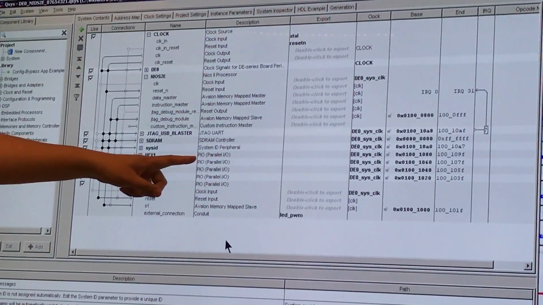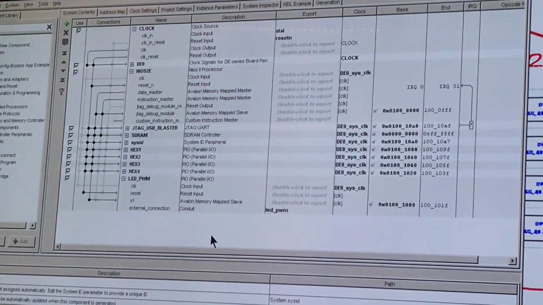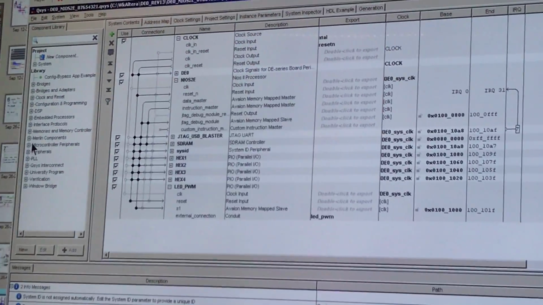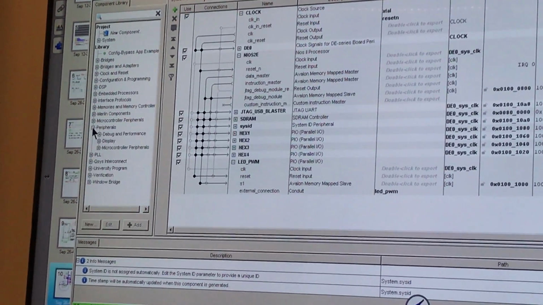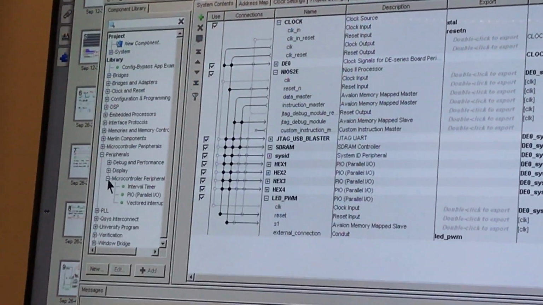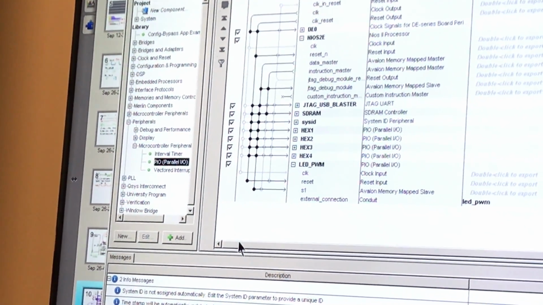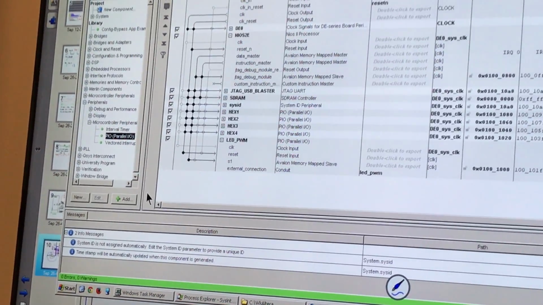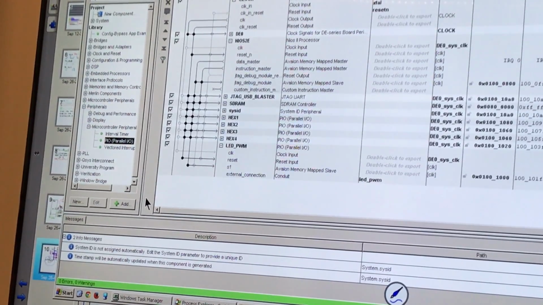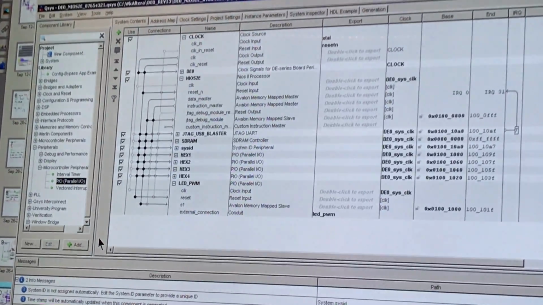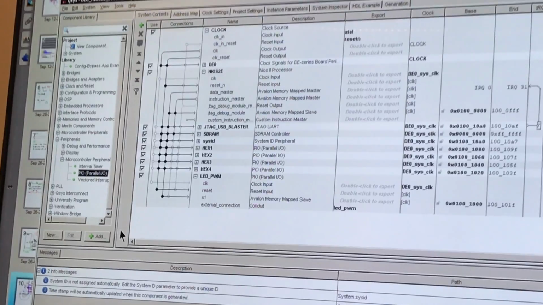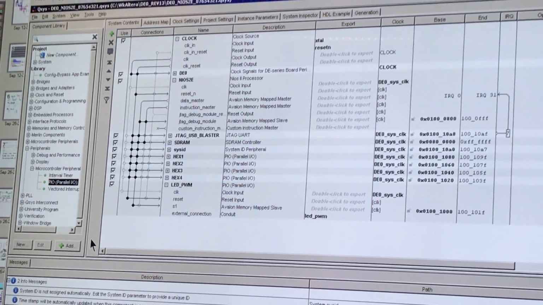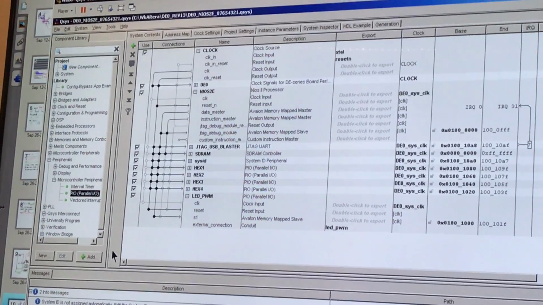PIO. They are the same. Under microcontroller peripherals. Sorry. Peripherals, microcontroller peripherals, PIO. It is exactly the same thing you use to add the hexadecimal display. And the width was 16, right? 16-bit. That's right. Because that's the frequency of 16-bit PWM.